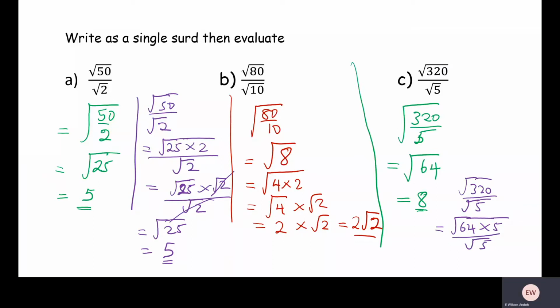In the numerator, when we apply the rule for multiplication, we write this as root 64 times root 5 all over root 5. So the root 5 in the numerator and the denominator will cancel and we'll be left with root 64, and this is equal to 8. So we get the same answer.